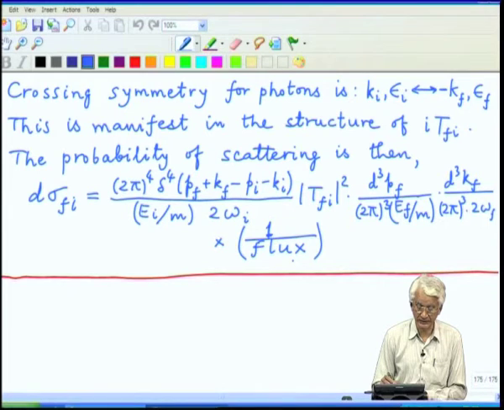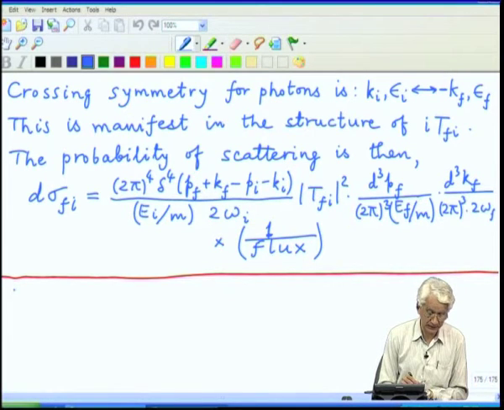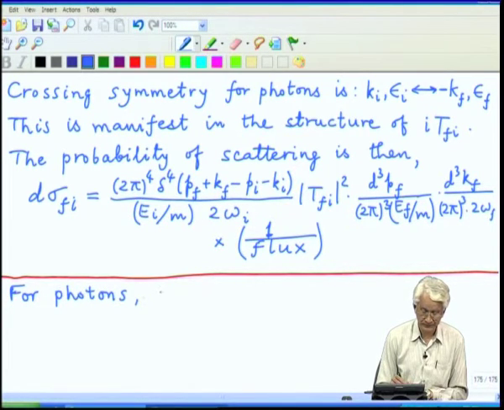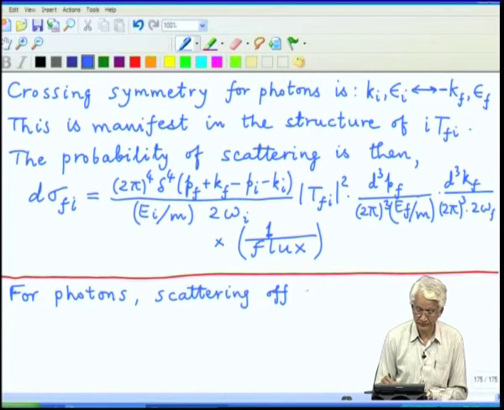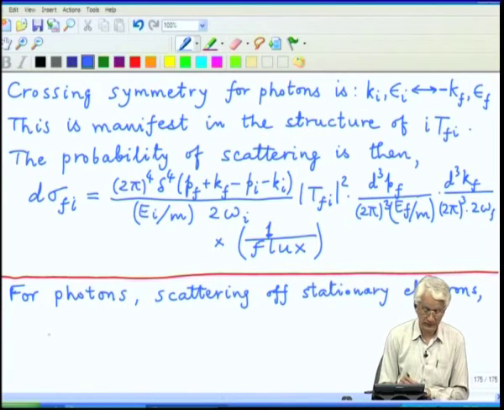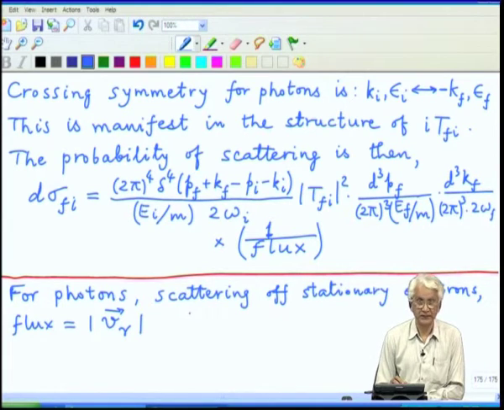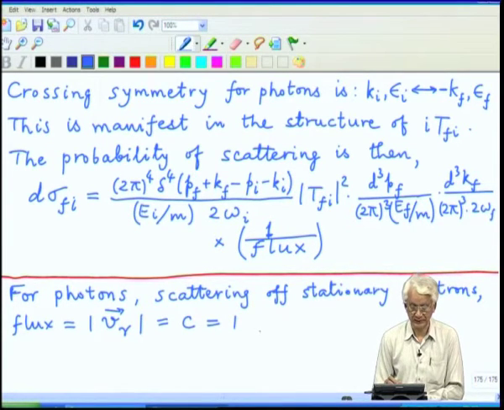The flux actually is easy to see in this particular example, because for photons scattering from stationary electrons, the flux is nothing but the speed of the photon, which is c or 1 in the units which we are working in.